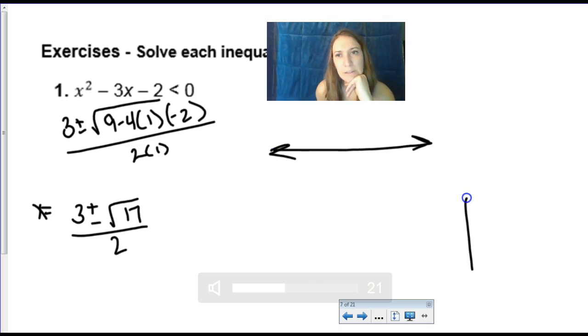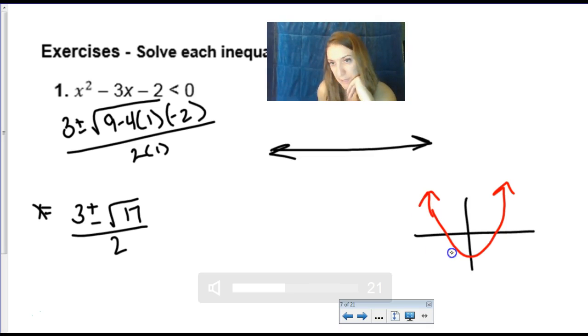Me personally, I like this method. I don't really care what it looks like necessarily, but I can definitely tell you what these two numbers are now. This one here is 3 minus the square root of 17 over 2. And this one here is 3 plus the square root of 17 over 2.